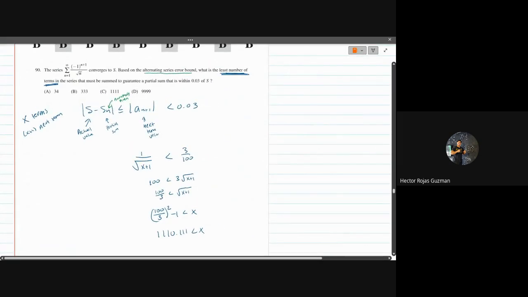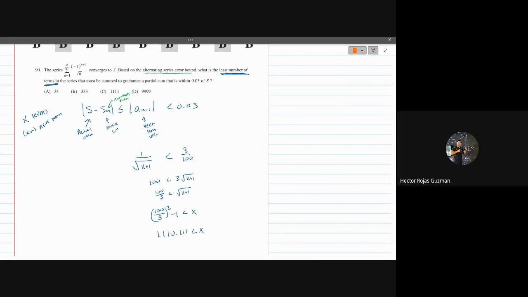Well, you can't be using 1,110, because that would not give you the accuracy of being within 0.03 away from the actual value. You want to, in this case, round up. And I think it's kind of obvious based on the answer choices. If you select 1,110, we could be off by slightly more than 0.03. So we go to the next whole number.